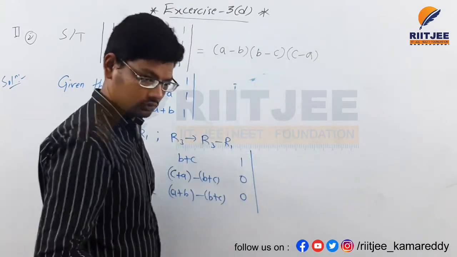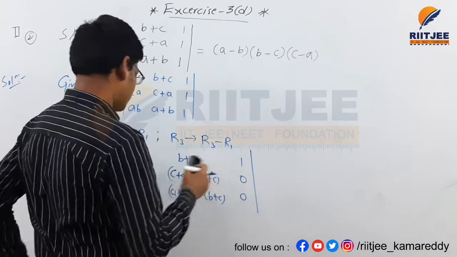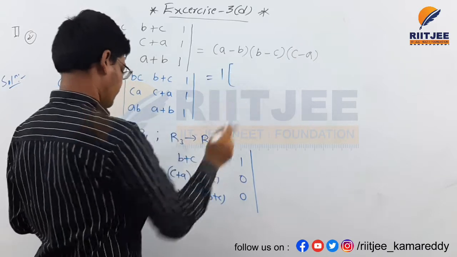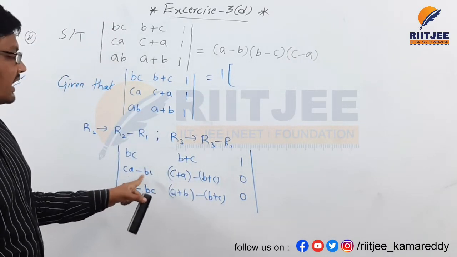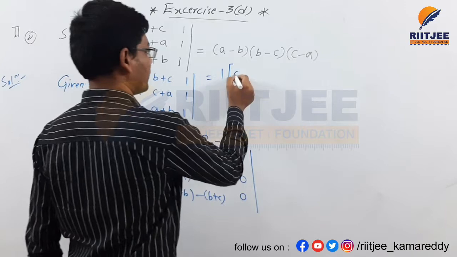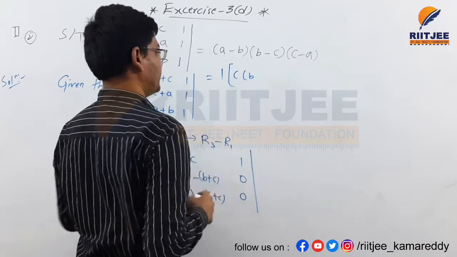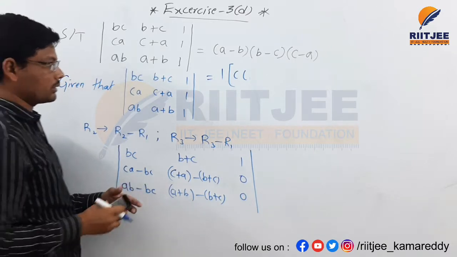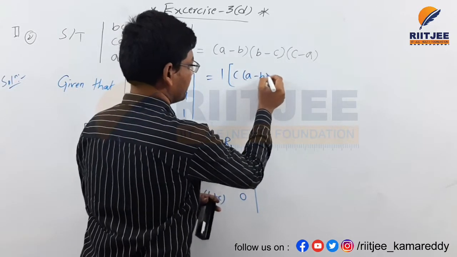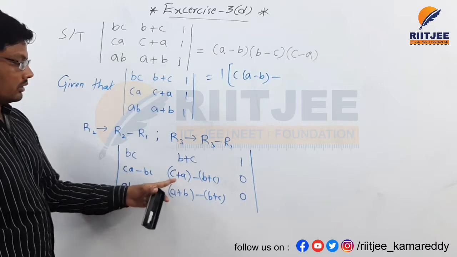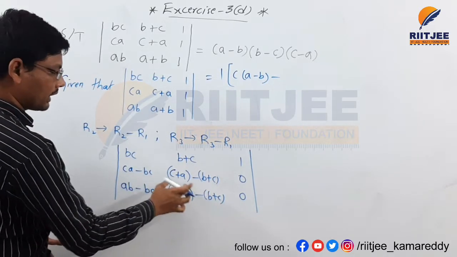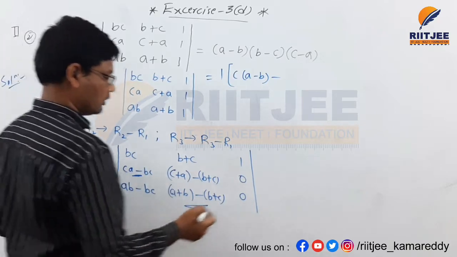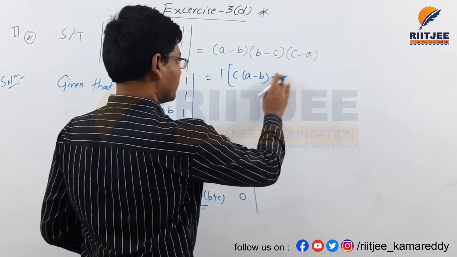Taking C as common in these two terms, A minus B is the answer. A minus B minus of, we just need to multiply this value with this value, so I am expanding here.